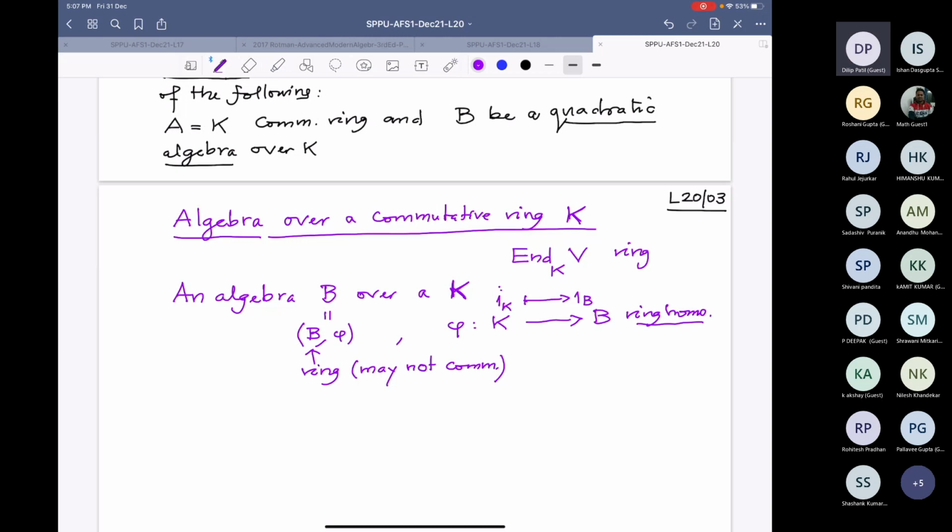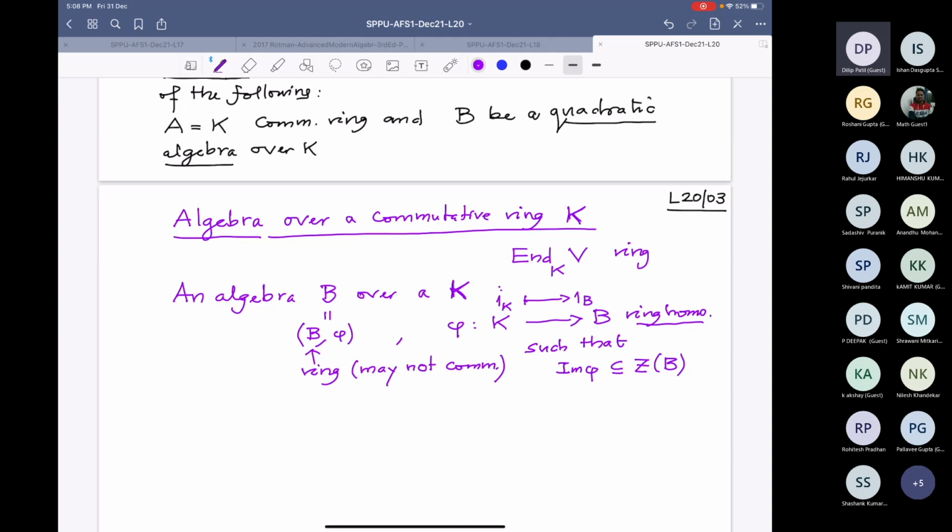Ring homomorphism such that the image of phi is contained in the center of B. That is what Vaidehi said. Well, but still, where do you get this condition from? That is what I want to explain. This is a very good, correct definition.